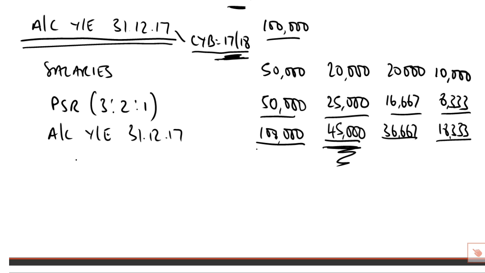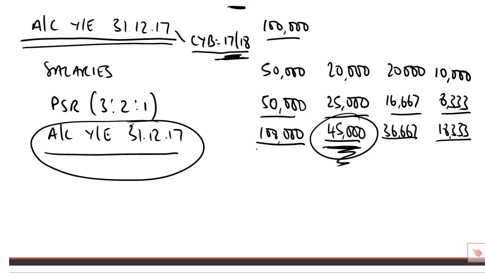That was the CYB assessment. That 45,000 is how much tax-adjusted trading profit was made by partner A in the year ended December 17, which, as we've said, using CYB, as you can see there, is the 2017-18 tax year. Job done.